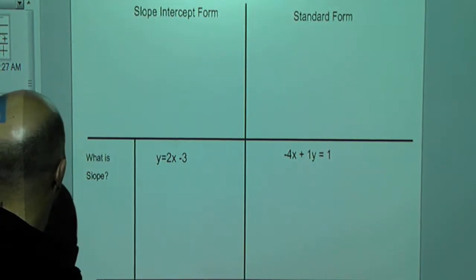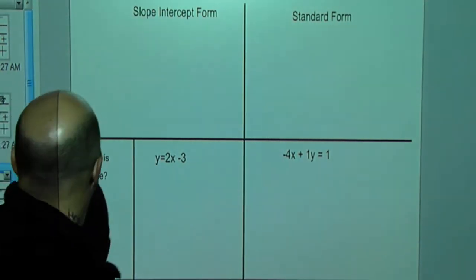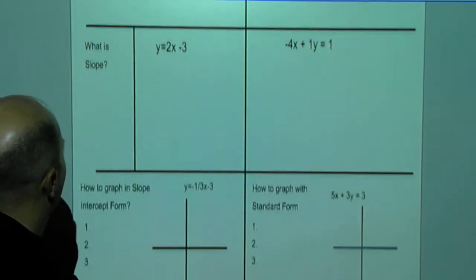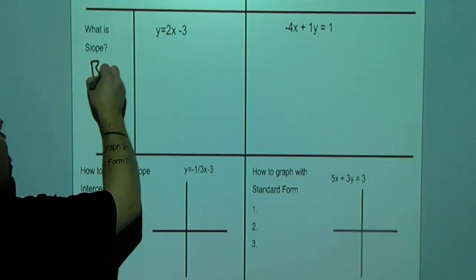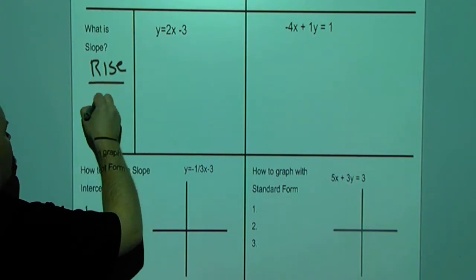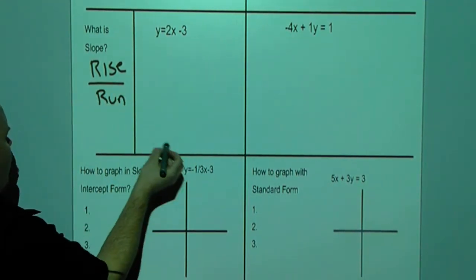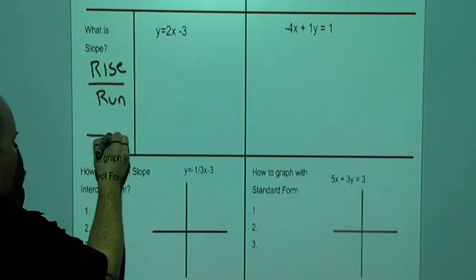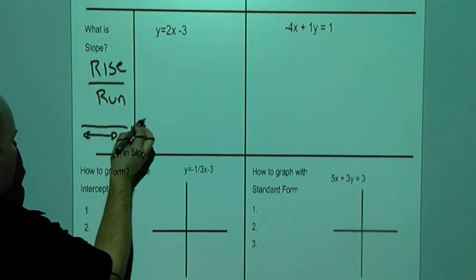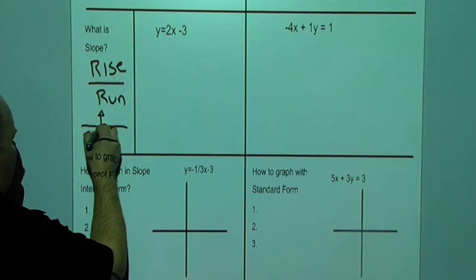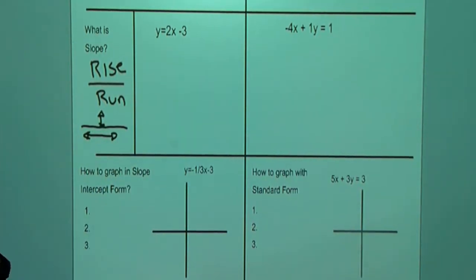Okay, when we went into it a little more in depth, we were talking about what is slope. Well, slope is just the rise over the run, or it's also my vertical movement over my horizontal movement.